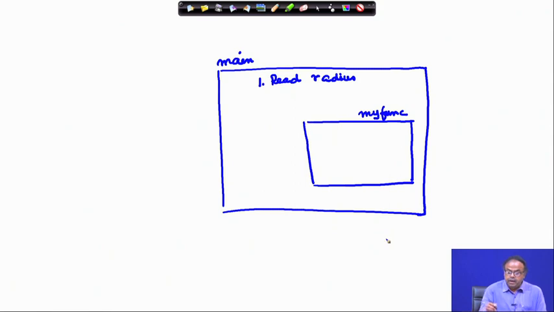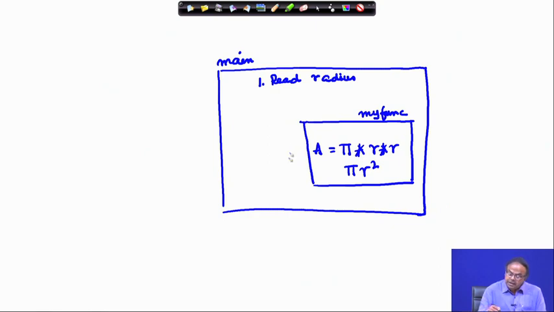Now, after I read the radius, I do not want to take the botheration of computing the area. This sub-machine knows how to compute the area. It knows that area will be computed as pi times r times r, that means pi r square, the area of a circle.